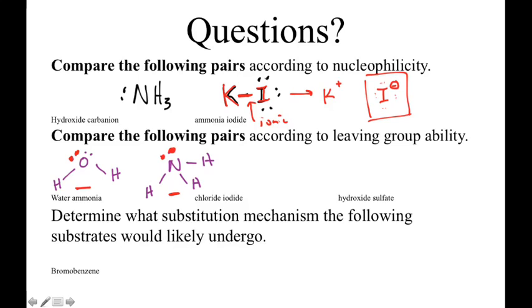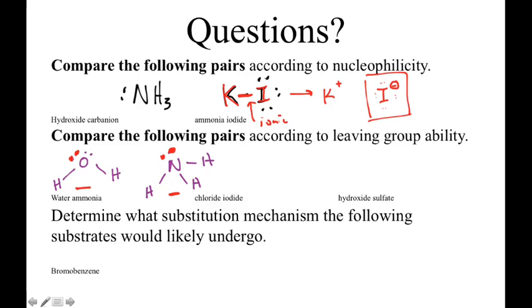Also, which of these two lone pairs is less reactive? Said another way, which of these lone pairs would we expect to be most willing to react with something else?